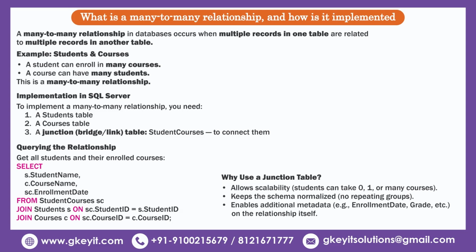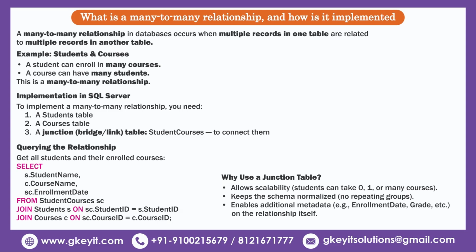That means join students s, where we are giving alias name s for the students table, on sc.student_id equal to s.student_id. And another join, join courses c on sc.course_id equal to c.course_id. This is the query. By using this query, we'll get the result: students and their enrolled courses.